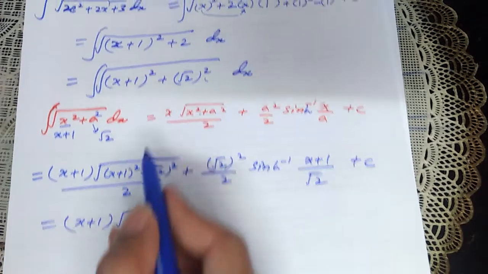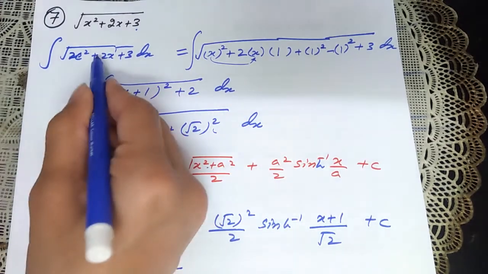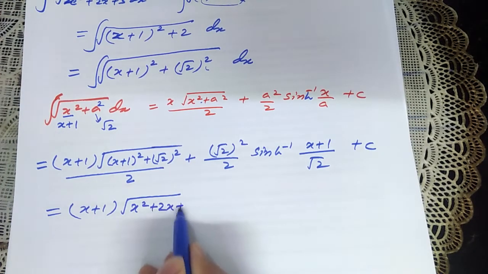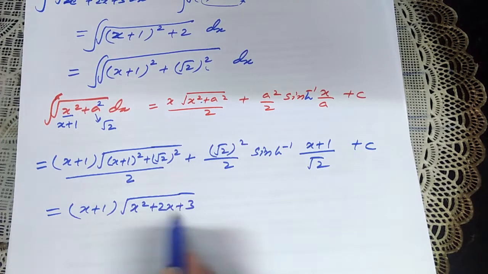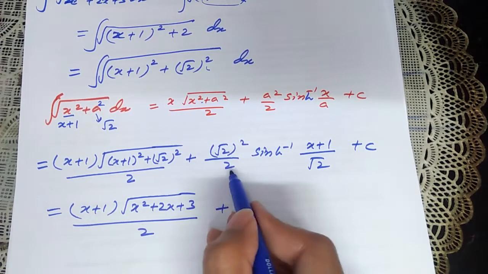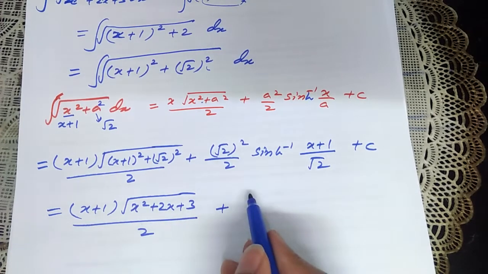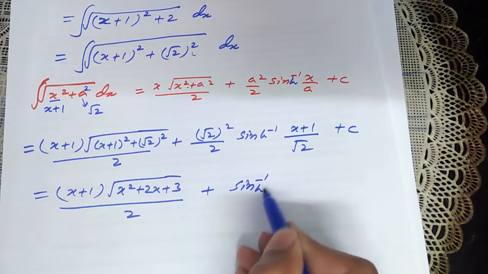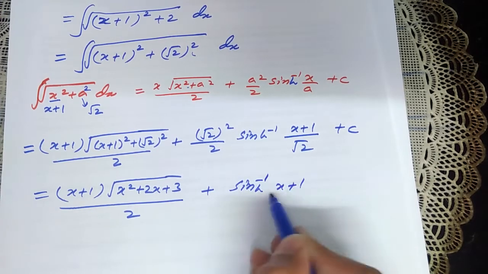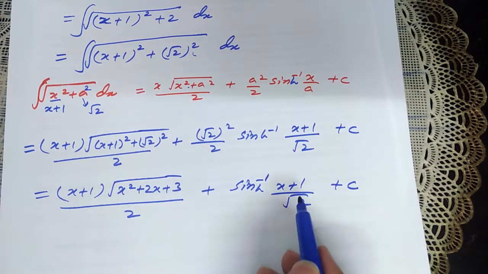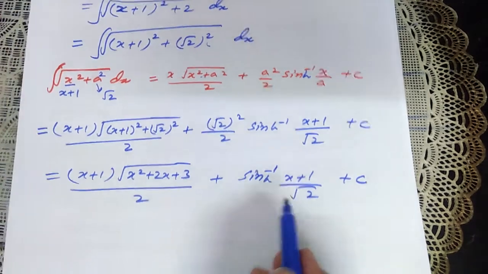You know how you made it from this in under root, so you can replace it with x square plus 2x plus 3. If you open it, you will get back the same thing over 2 plus from here you will get 2 over 2, and that can be written as 1. So it will be cancelled. So you will be left with sine hyperbolic inverse x plus 1 over under root 2 plus c. So this is your answer of this question number 7.